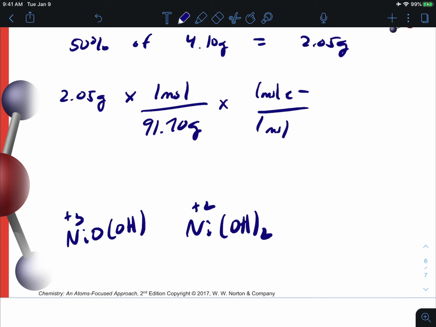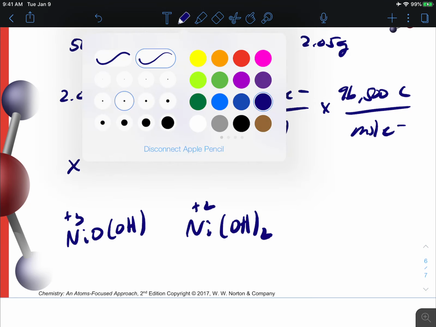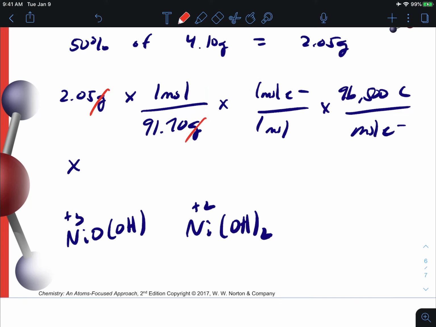Okay, and then you can do your 96,500 coulombs per mole of electron. Okay, and then times. The only difference here is we actually have the amps and we want the time. So looking at my units then, once again, grams are history, moles are history, moles of electrons are history.